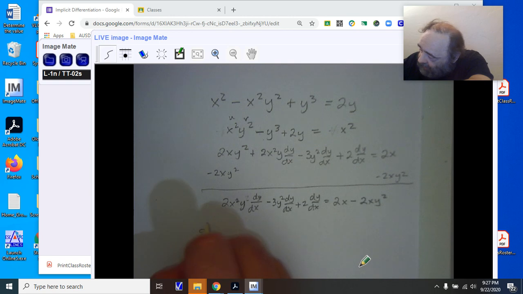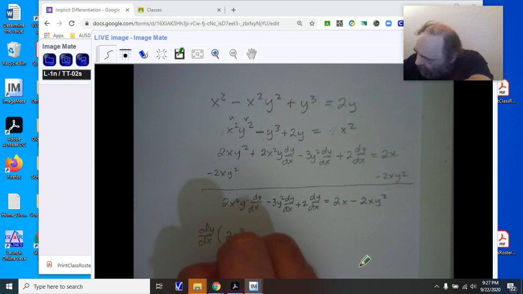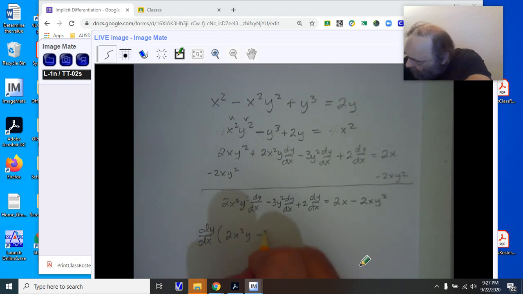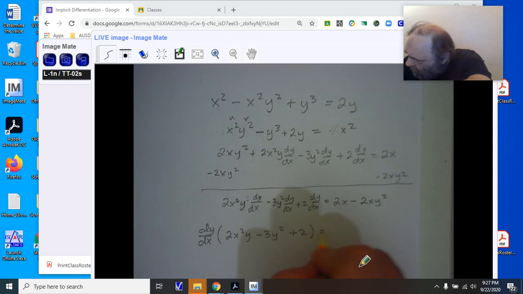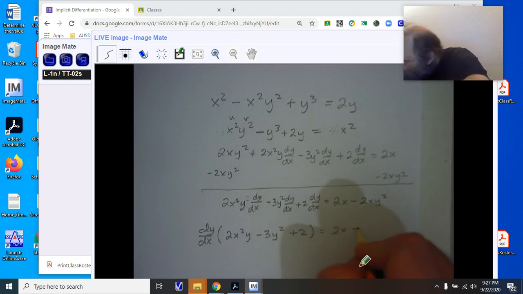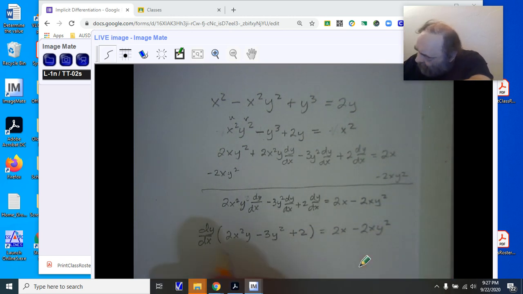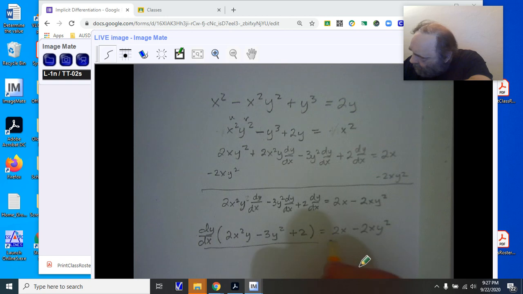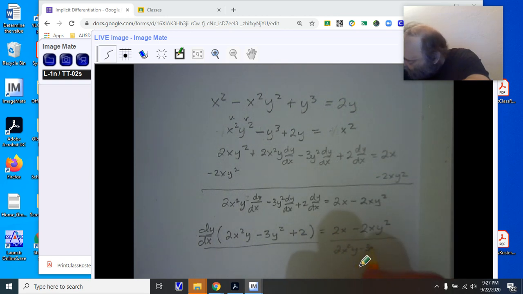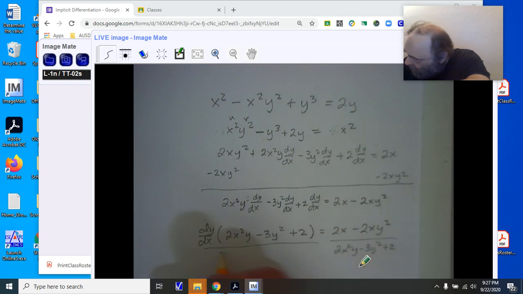Factoring out the dy/dx. That's what we're solving for. Everything else is going to be divided as a factor onto the other side into the denominator. Notice there is nothing we can factor, so we just divide it on both sides. We're going to get our x squared y minus 3y squared plus 2, and then x squared y minus 3y squared plus 2.